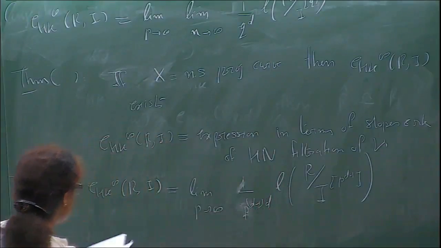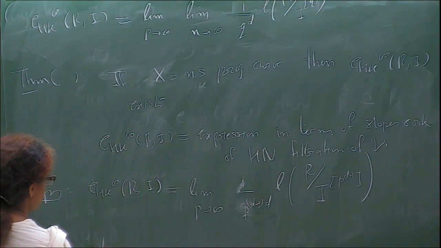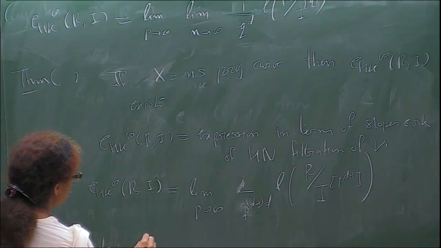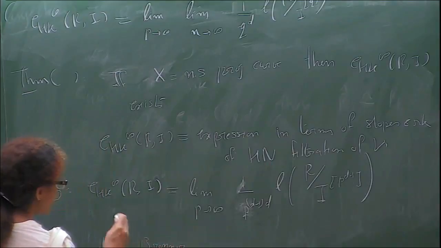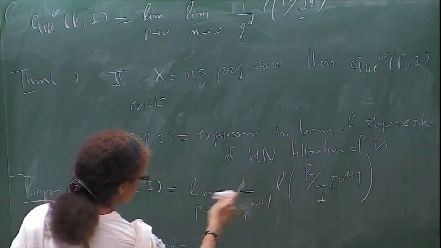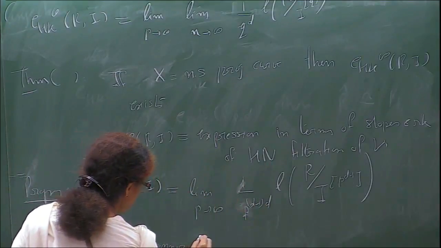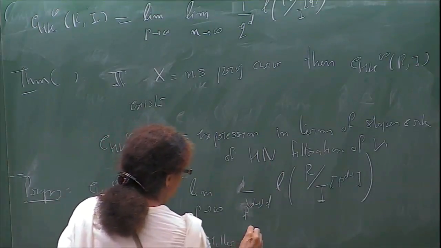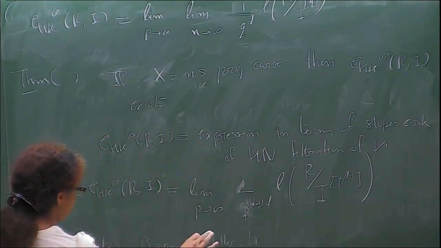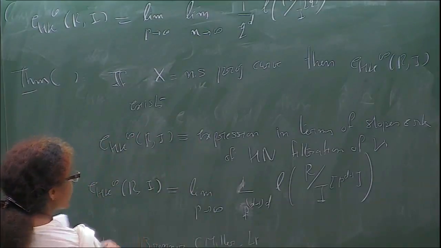So when d was 2, this was proved by Brenner. Existence of the limit, I have put, but this is sufficient, is proved by Claudia Miller and Lee. So they asked a question whether it's true for higher dimensions.